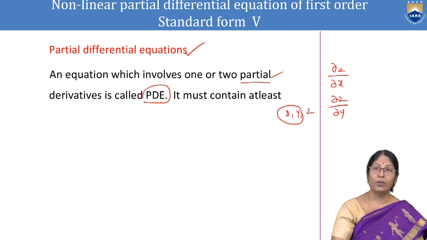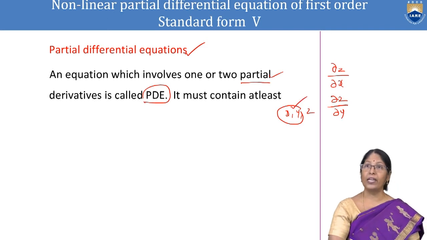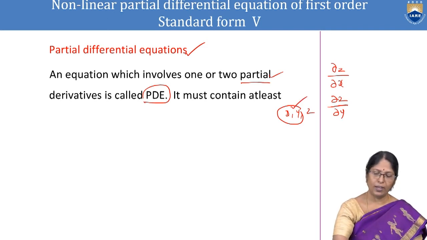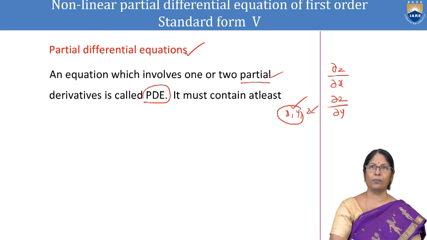Among these three, x and y are playing the role of independent variables, and z is playing the role of dependent variable.